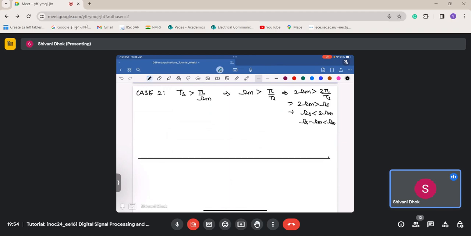So again, let us draw the Fourier transform of Xp of t. The original one is like this. So this is omega m, this is minus omega m, and what we are given is that omega s minus omega m is less than omega m, so let's say it is here.